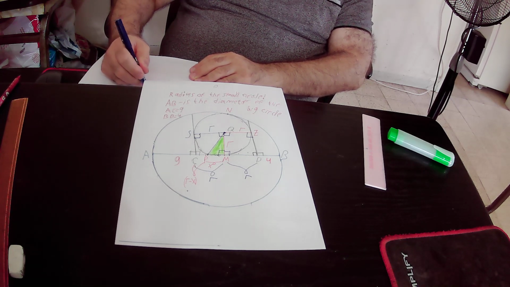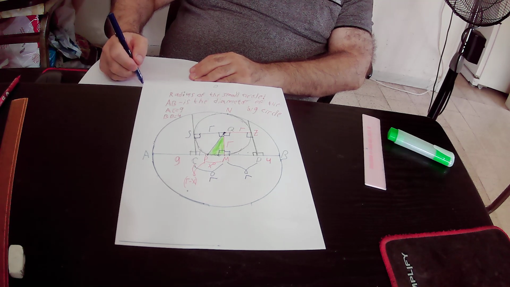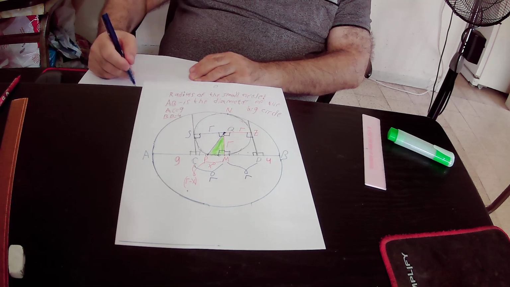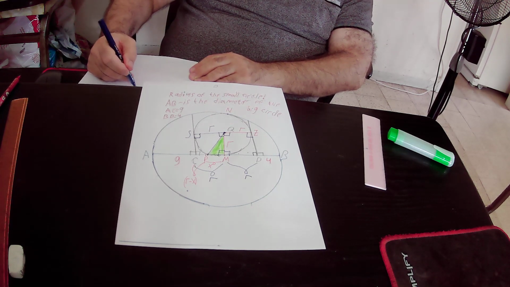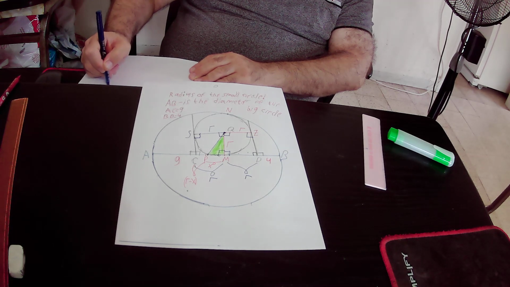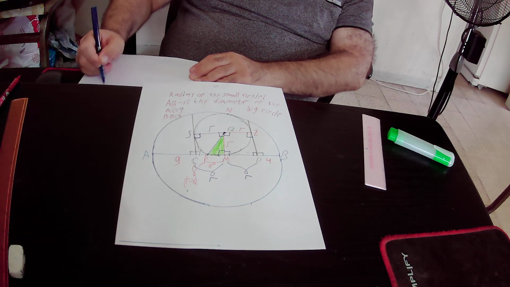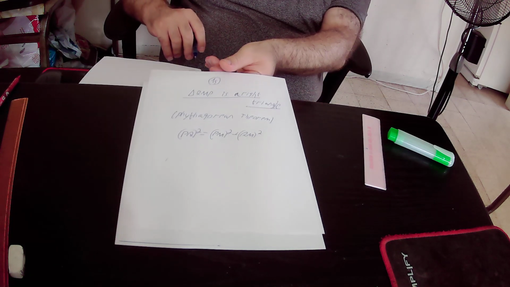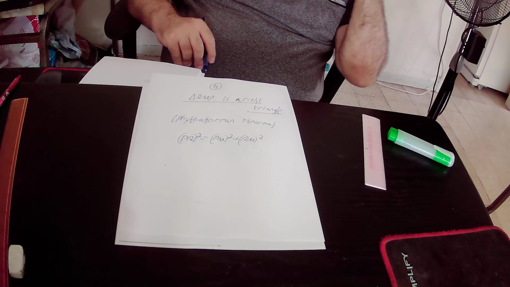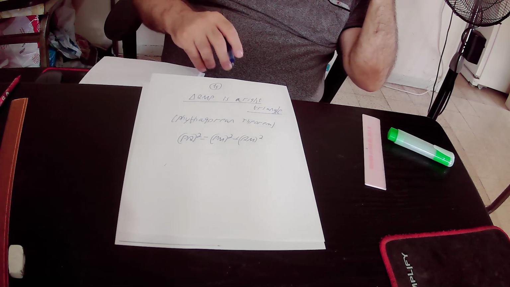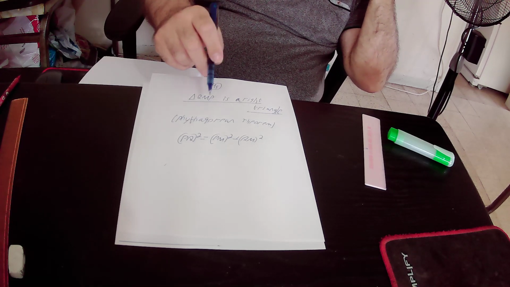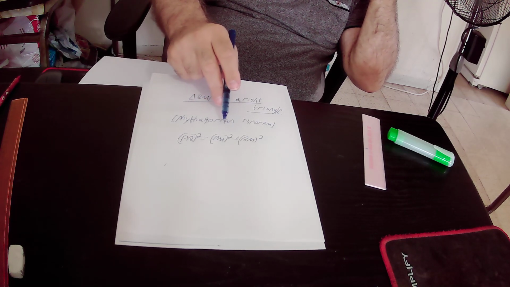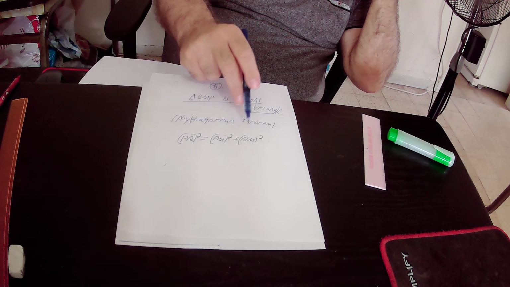PQ square equals the sum of the squares of the perpendiculars, PM square plus QM square.